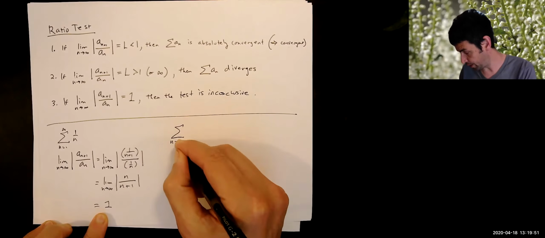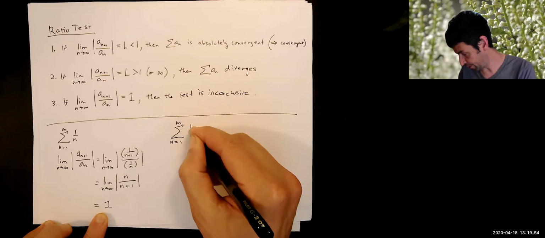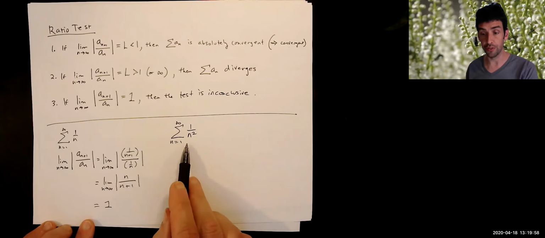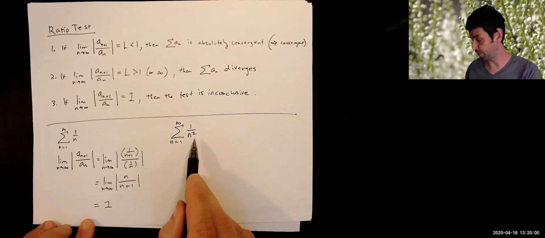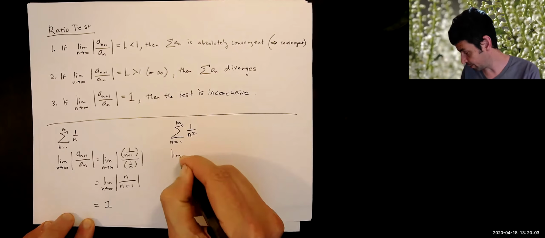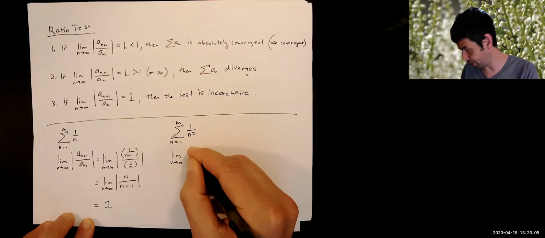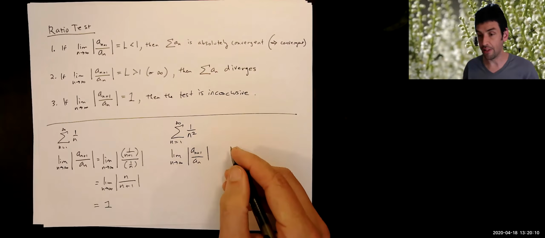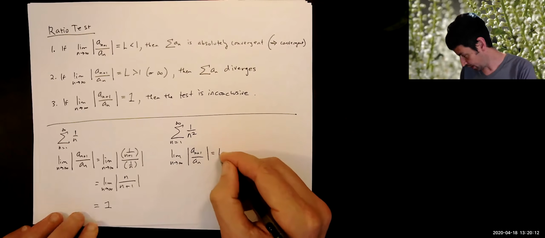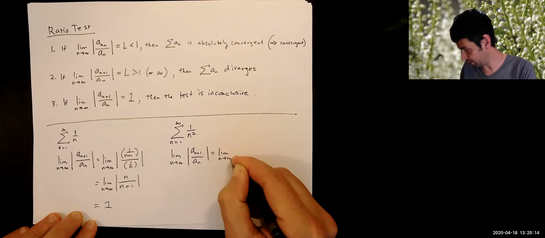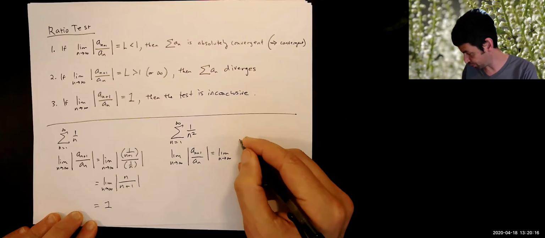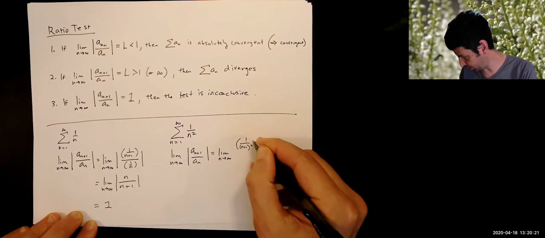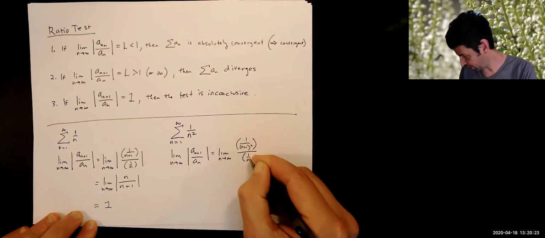In a similar way, if I consider the series 1 over n squared, which we know converges, it's a p-series with p greater than 1, I can look at the limit as n goes to infinity of the n plus 1th term over the nth term. The n plus 1th term is going to look like 1 over (n plus 1) squared, over the nth term.